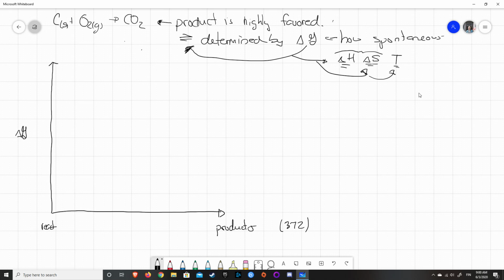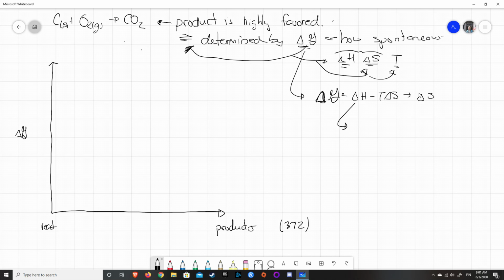So what all chemical reactions do is, like I said, they depend on our Gibbs free energy. And remember, our Gibbs free energy, delta G equals delta H minus T delta S. So our Gibbs free energy depends on two different things. If we wanted the reaction to preferably go towards the product side, our delta G depends on our delta H, which we know we want to be negative.